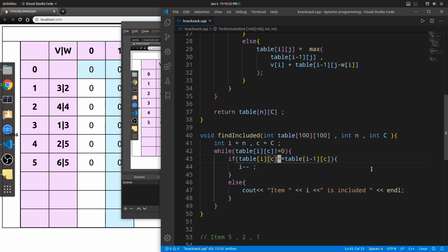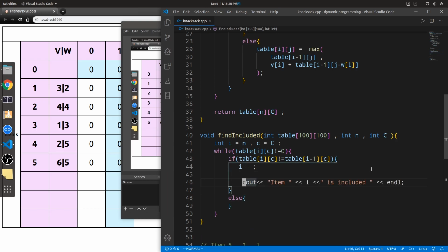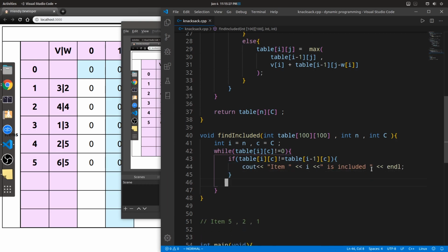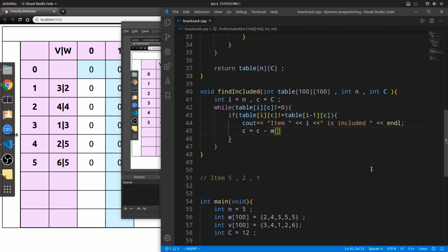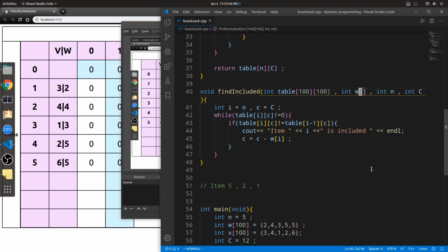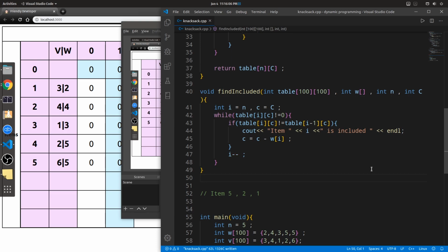And by including the item, we decrease the capacity by the weight of the item, W of i. So we also need to take the weights of the items as input. We decrease the capacity by the weight and we move on to the previous row.